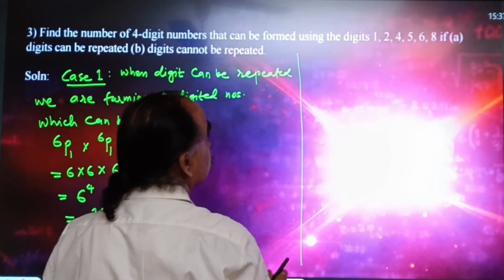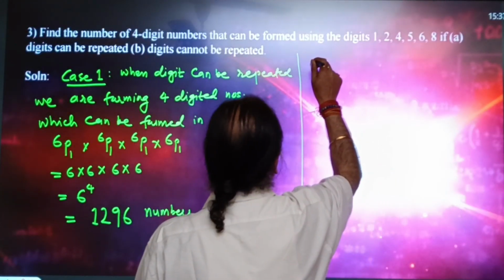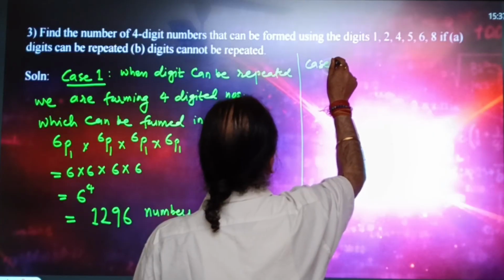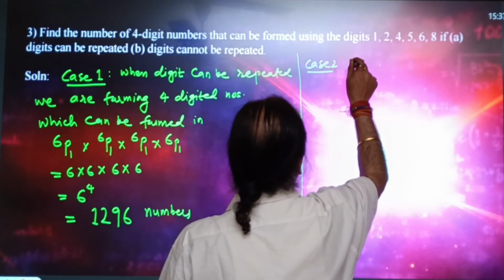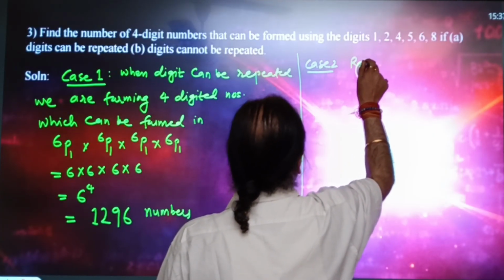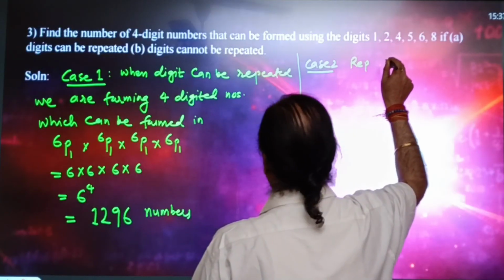Second case: repetition of digits is not allowed.